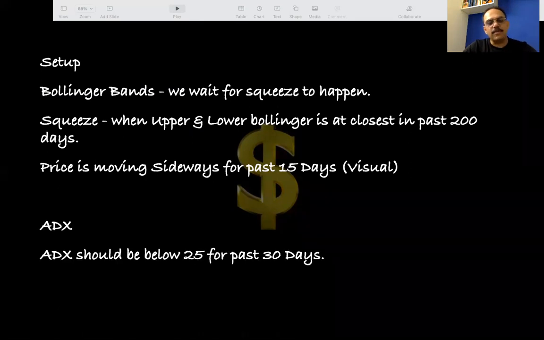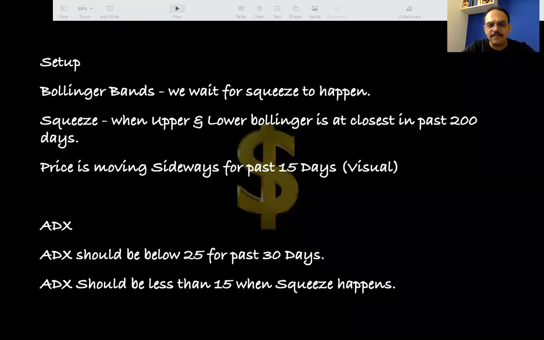Then ADX should be below 25 for the past 30 days or more, and ADX should be less than 15 when the squeeze happens. So when this 200-day lowest difference between the two bands is happening, at that time preferably the ADX value should be lesser than 15. That means the consolidation, the coiling effect.